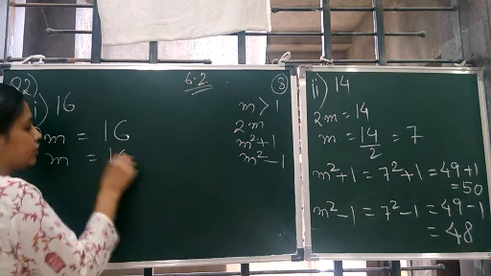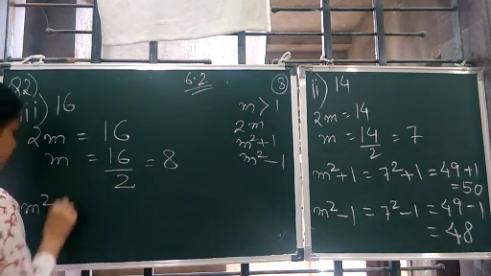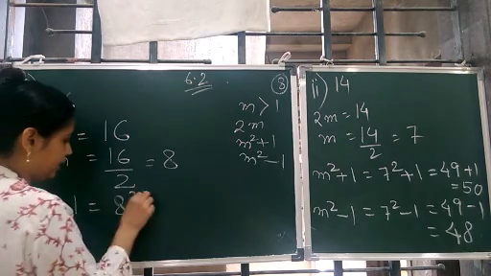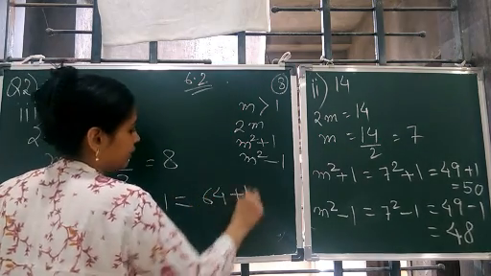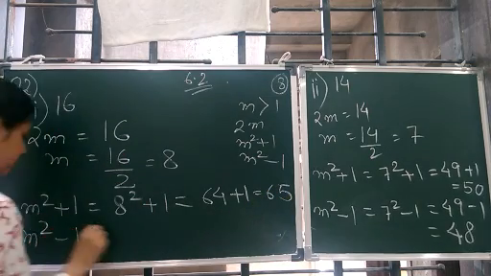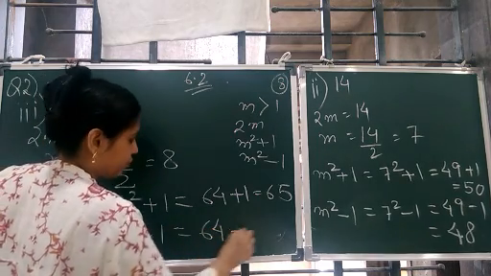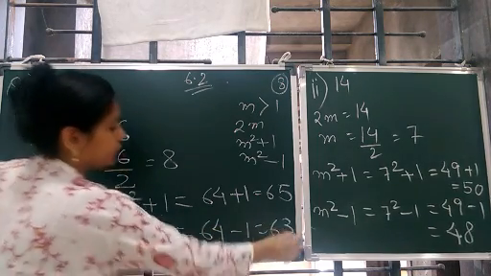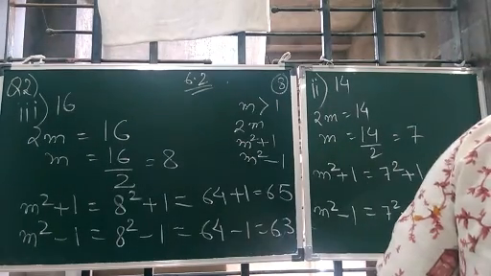So m is equal to 16 upon 2, which is equal to 8. Then m square plus 1 will be 8 square plus 1. That is 8 8s are 64 plus 1 gives us 65. And m square minus 1, that is 8 square minus 1, 64 minus 1 gives us 63. This completes the third one.